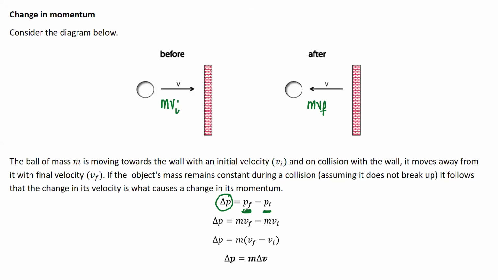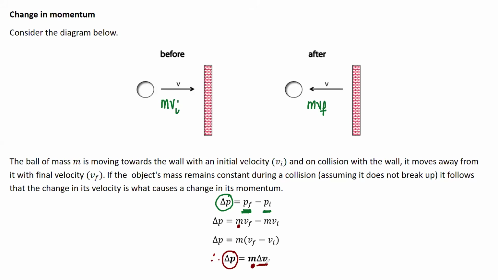So when you say final momentum, m vf, minus initial momentum, m vi, the m is the same. The mass of the object does not change. You can factor it out mathematically. So that's m, then bracket vf minus vi. Therefore, change in momentum is equal to the mass of an object multiplied by the change in the velocity.